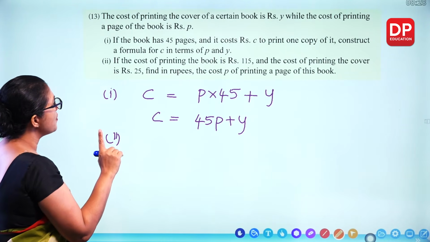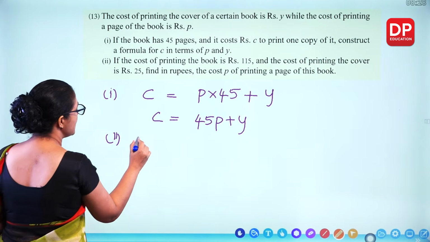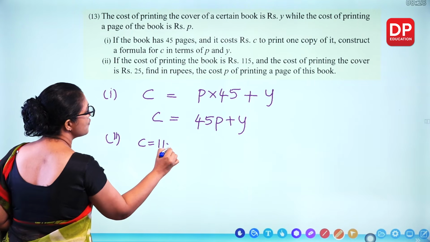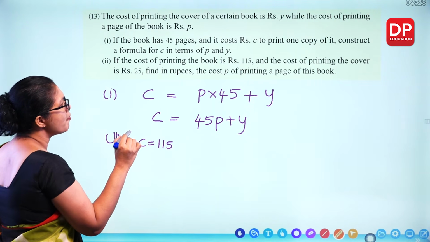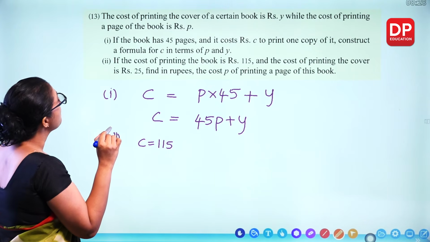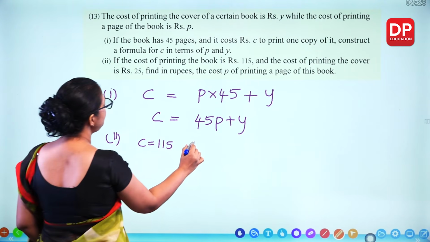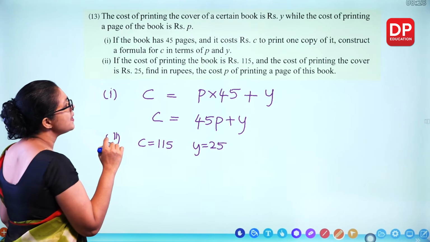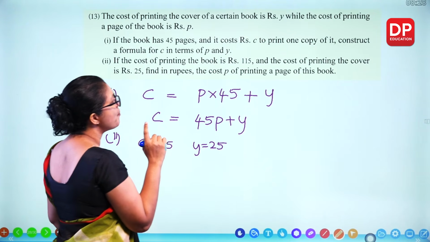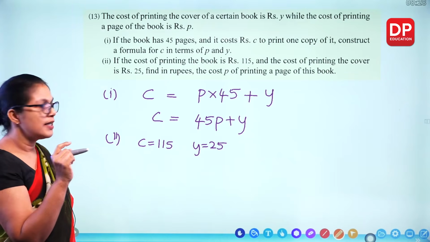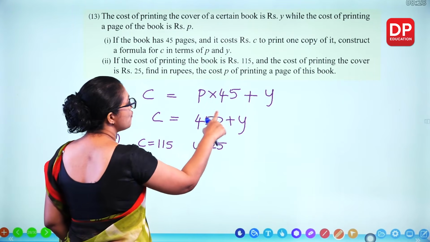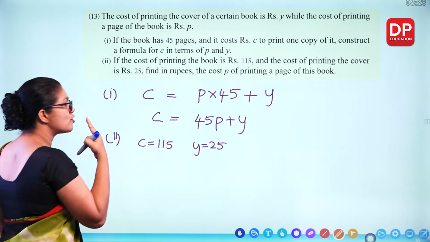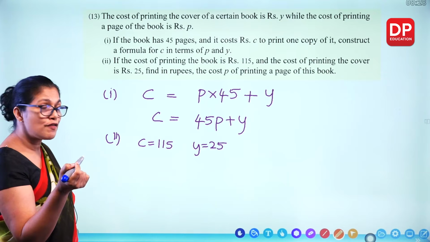If the cost of printing the book is 150, so C is given 150, and the cost of printing the cover, that's Y, 25 rupees given. Find the cost P of printing a page of this book. So that means you need to find out P. It's easy to make P the subject of the formula.